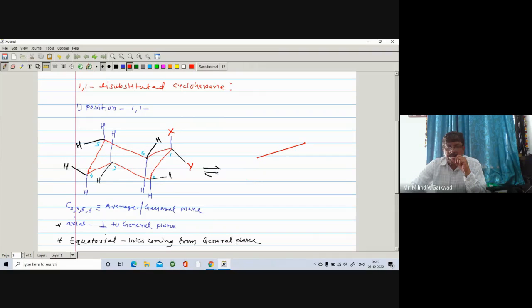Now the other bond is parallel, so carbon number 2 and carbon number 3 are again parallel, and they have the same distance. So I will draw a parallel line again. The lengths of these two are similar. Similarly, carbon number 1 is above the plane. So you just have to draw these two lines.